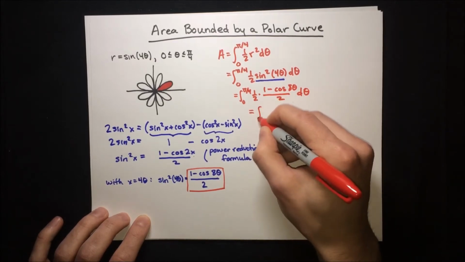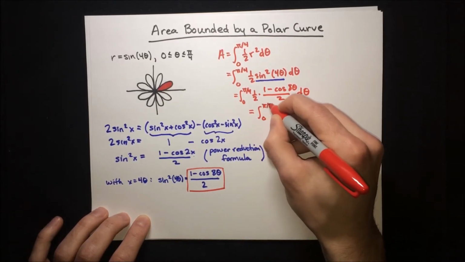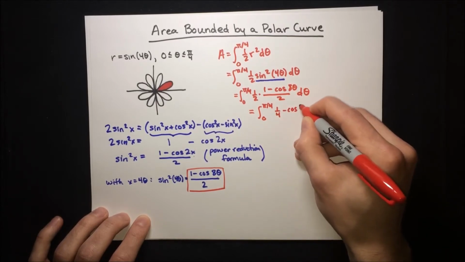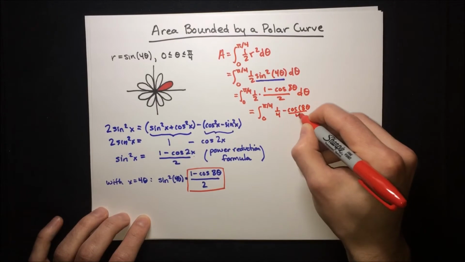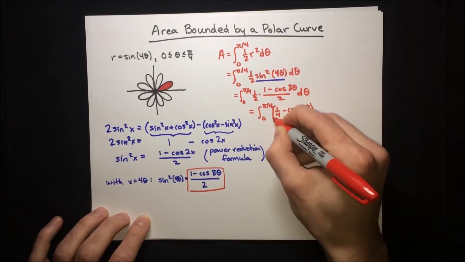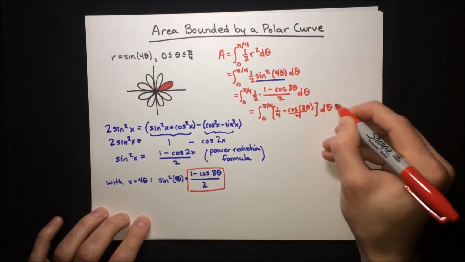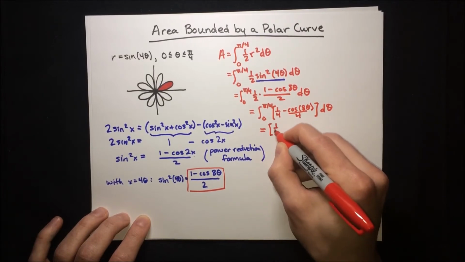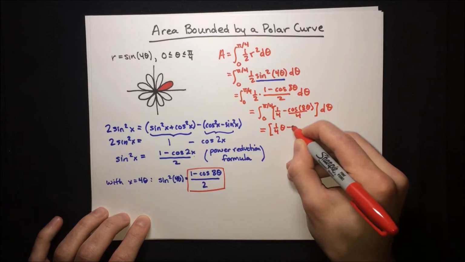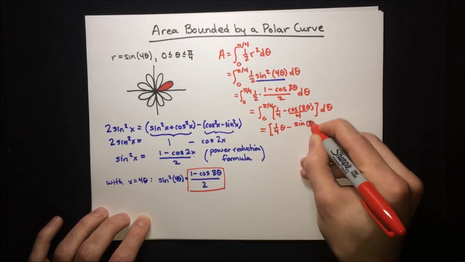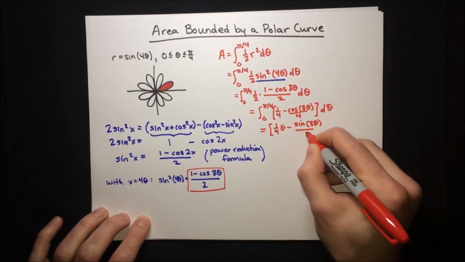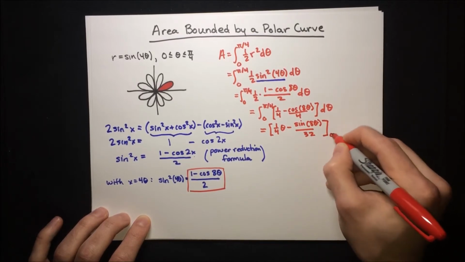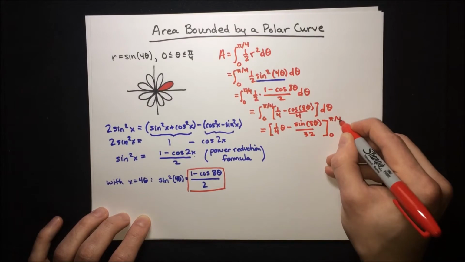So that's equal to from 0 to pi over 4, a fourth minus cos 8 theta over 4 d theta. And we can go ahead and take the antiderivative now. That's just a fourth theta minus sine 8 theta over 32, theta going from 0 to pi over 4.